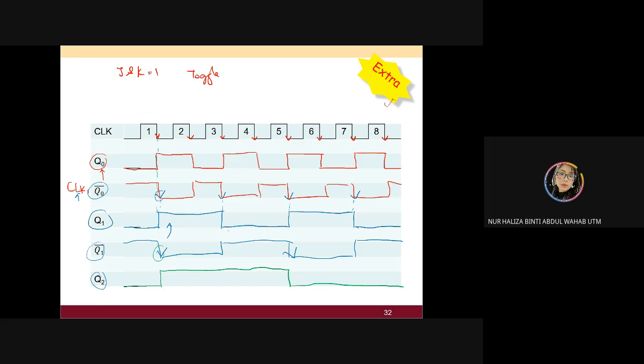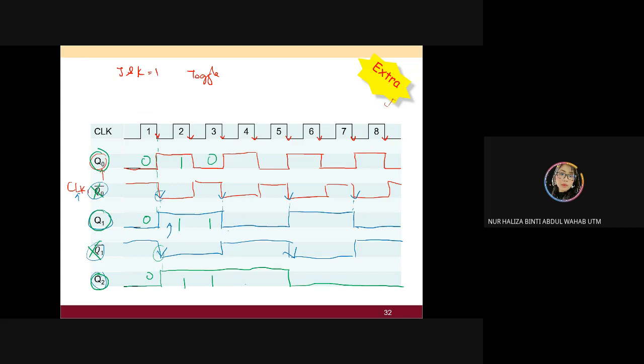For each of these cycles, you need to put the value of Q2, Q1, Q0. This one you need to ignore. 0, 0, 0. For cycle 2, 1, 1, 1. For cycle 3, 1, 1, 0.